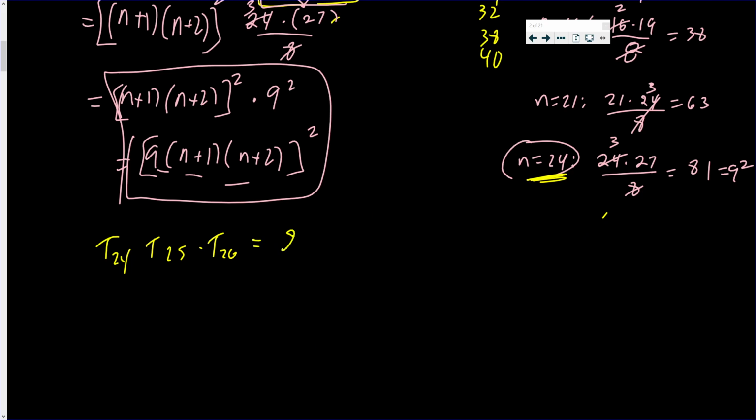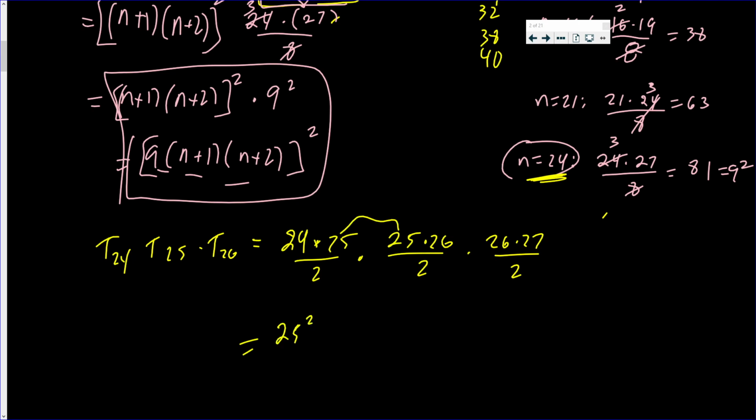So T24 is 24 times 25 over 2. T25 is 25 times 26 over 2. And T26 is 26 times 27 over 2. I definitely have 25 squared times 26 squared. But what's left over is 24 times 27 over 8. Well, that's 3.